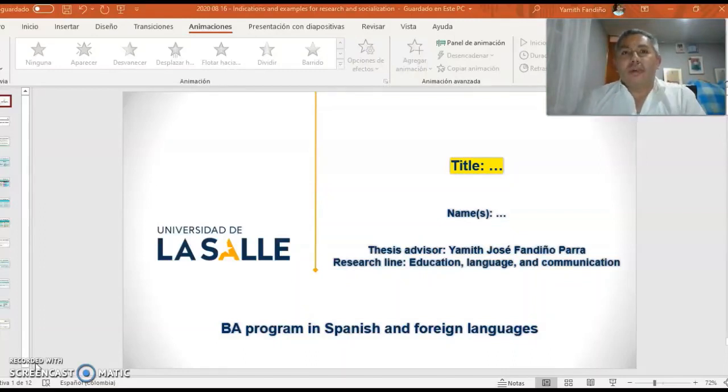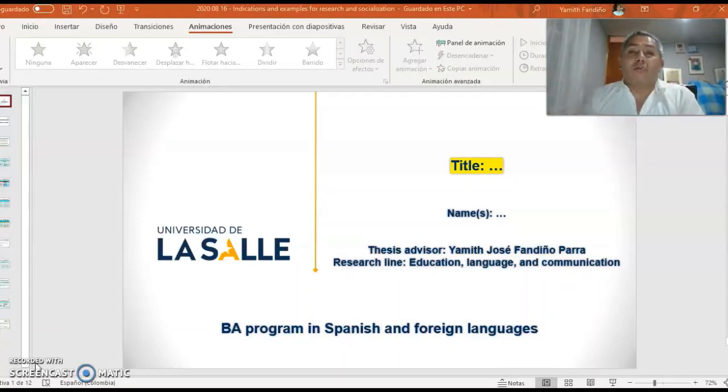And I would like to share with you some very basic and preliminary tips and suggestions that you should take into account when thinking about research proposals and when presenting them.